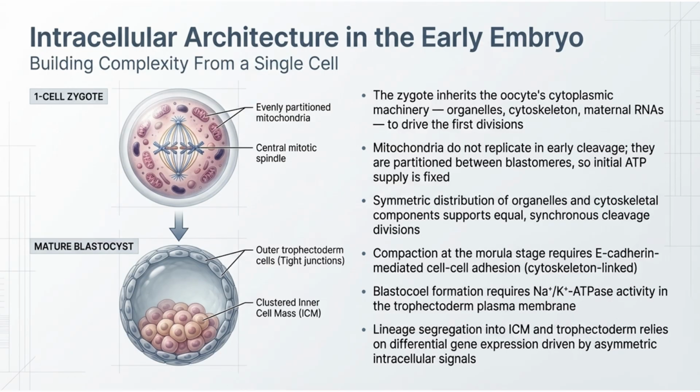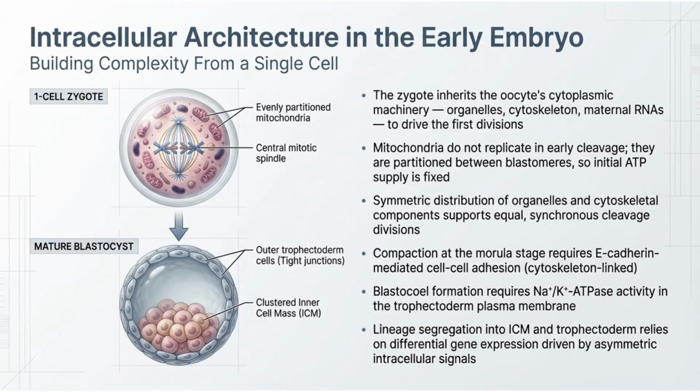The paternal contribution at this stage is essentially limited to the genome, the centriole, and a handful of sperm-specific proteins that contribute to egg activation signaling. This inheritance has a critical implication. The quality of the oocyte's cytoplasm at the time of fertilization is the primary determinant of early embryo developmental capacity. The embryo does not start fresh, it starts with whatever the oocyte provided.